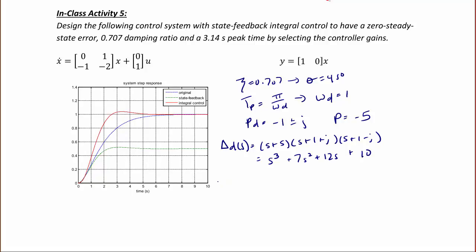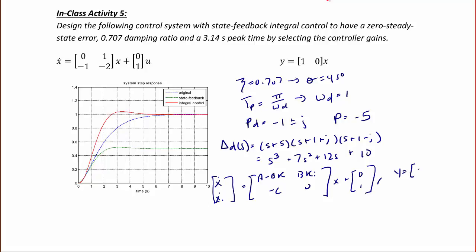So now we're going to build our integral state variable feedback matrix, which is x dot and xi dot, equal to [A - BK, BK_I; -C, 0] times x plus [0, 0, 1]r, and y equals [C, 0]x.